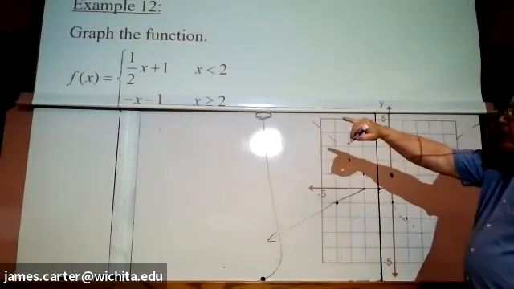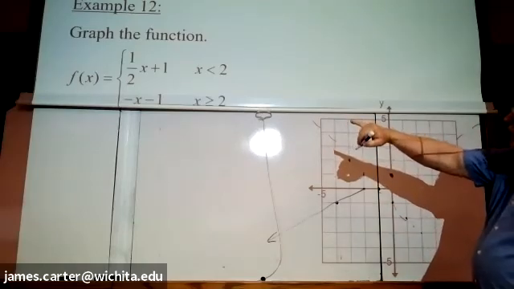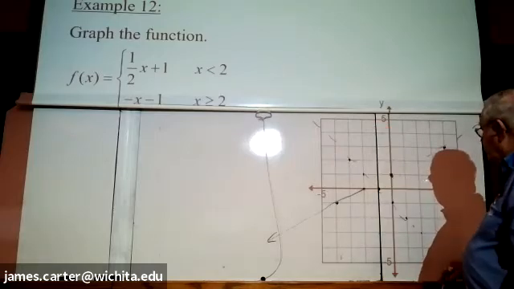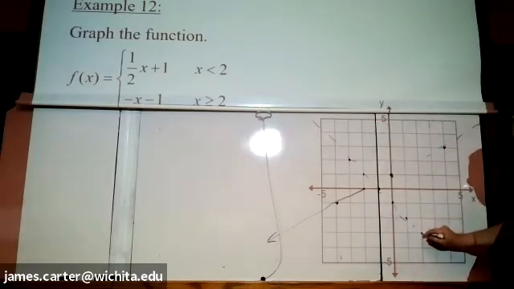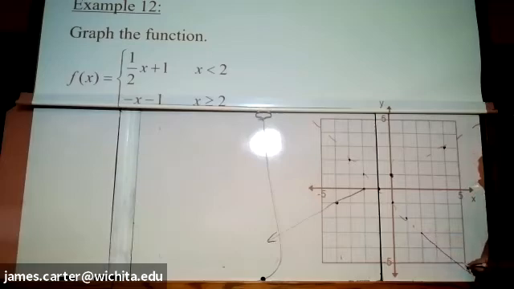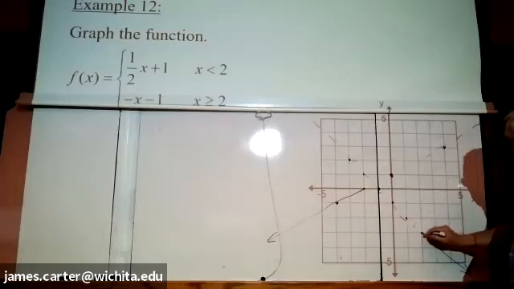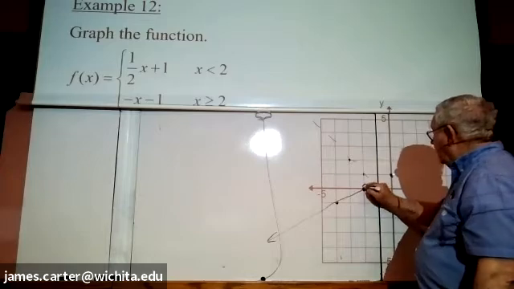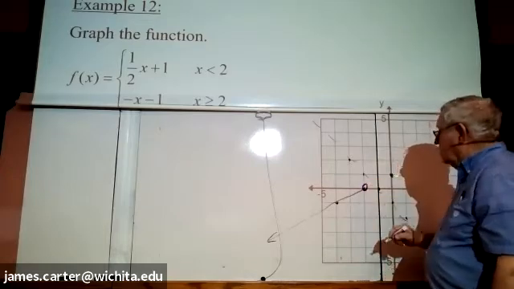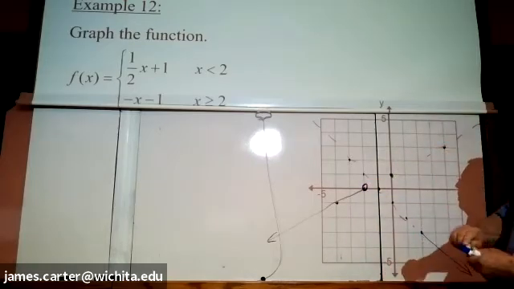Now, I can only use those values where x is greater than 2. 1, 2. So that means I can only use this part of the line, and because this one is or equal, I can have a solid dot. On this one up here, I have to have an open dot for the top one.